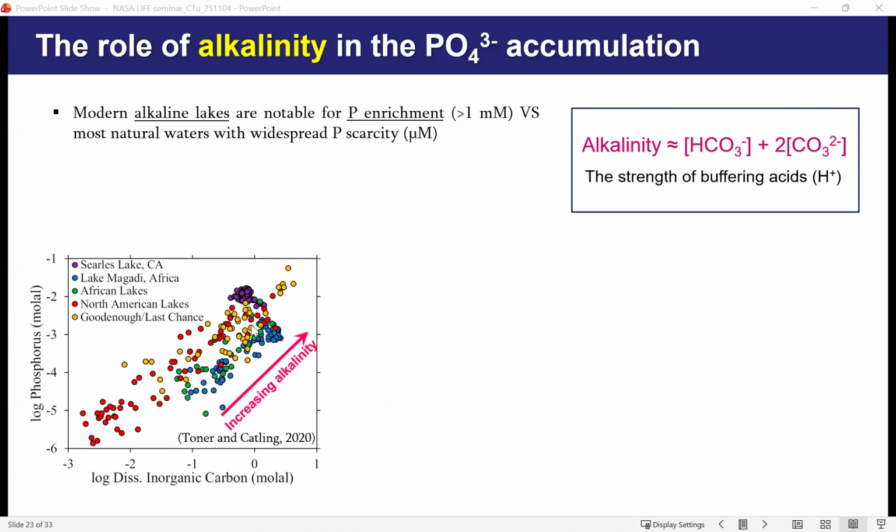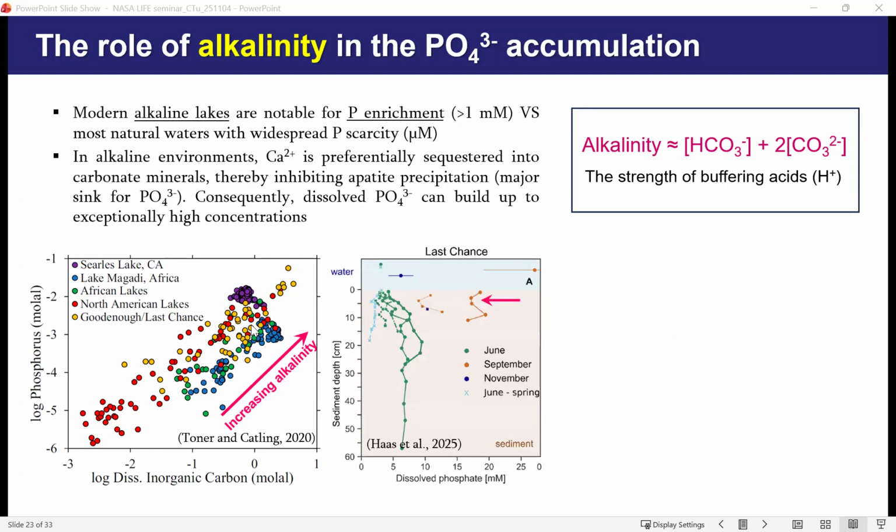This enrichment occurs because in alkaline environments, calcium is preferentially sequestered into carbonate minerals, thereby inhibiting apatite precipitation, and that's a major sink for phosphate. As a result, dissolved phosphate can build up to exceptionally high concentrations, sometimes greater than 15 millimolar.